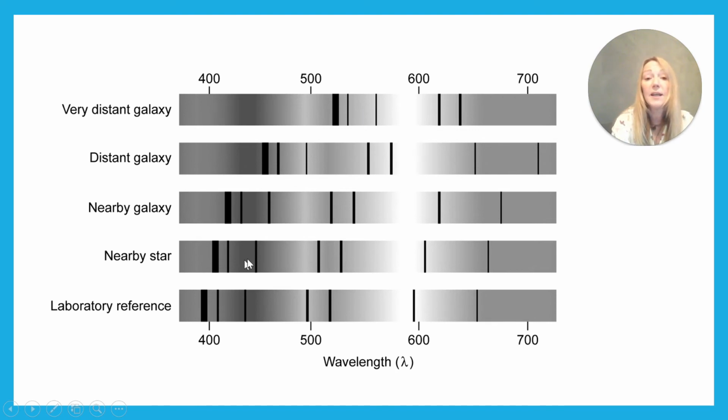So we can see again, we've got this whole shift towards the longer wavelength, so towards the red end of the spectrum. So this is our redshift, and this proved that the galaxy must be expanding, which means if it was expanding, then it had to have started somewhere. So all we can do is roll back time and realise that actually before it expanded, it must have started from a singular point.